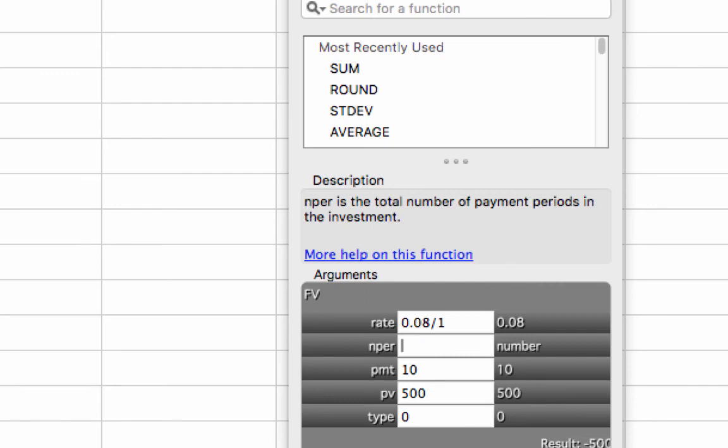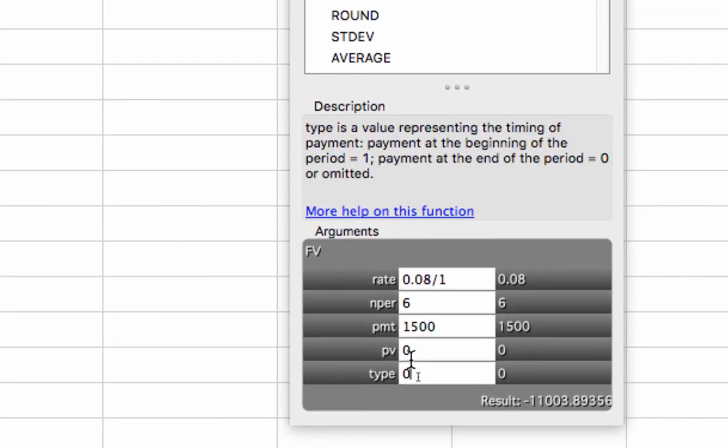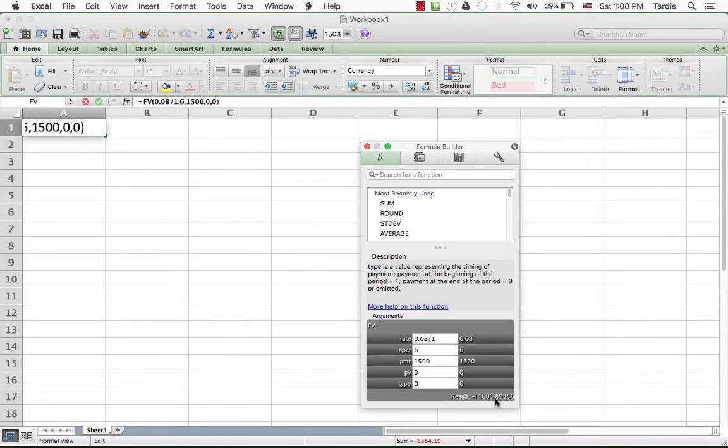It was 6 years, paying $1,500 at the end of each year, so you made 6 payments. The payment is $1,500, we had no money to start with, and this is a type 0 annuity. And there is the answer we got using our formula, $11,003.90. So that ends this example, and you should be able to do all the homework problems in section 5.3 now.